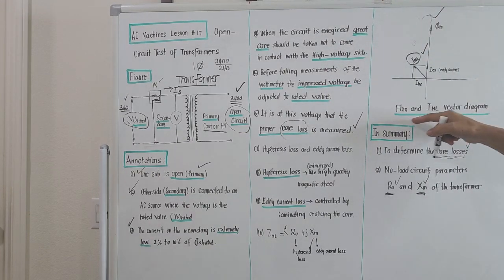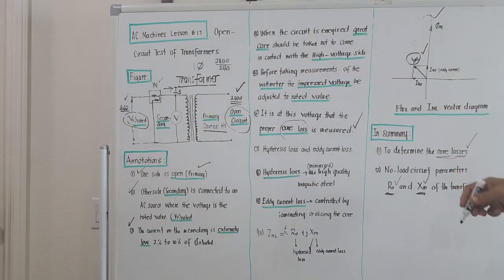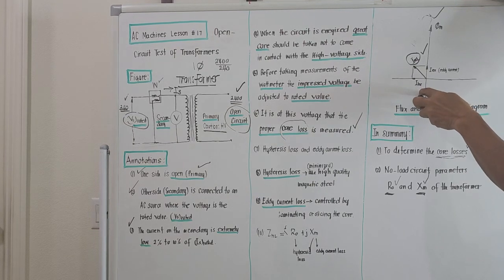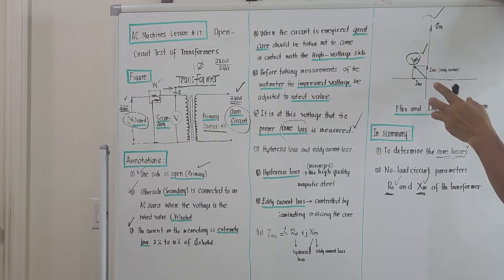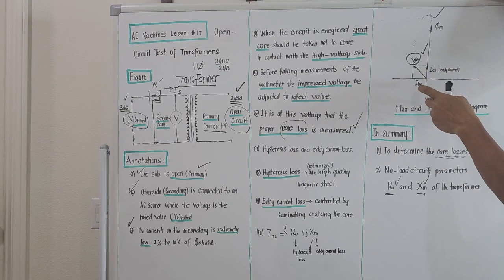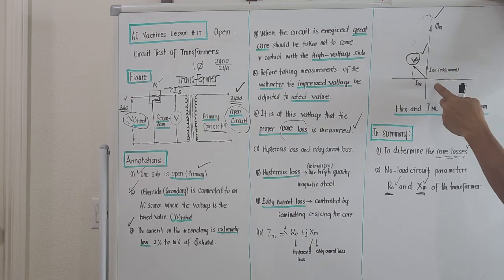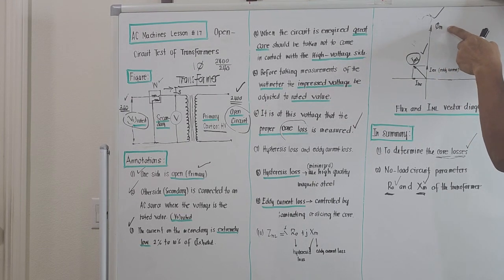This is just a vector diagram of the flux and the no load current. The flux is this one. The real part of the no load current is I_H, the hysteresis current, and the imaginary part is different, because how this current acts is different from this one. This is the real part, this is the imaginary part. This is in phase with the mutual flux.